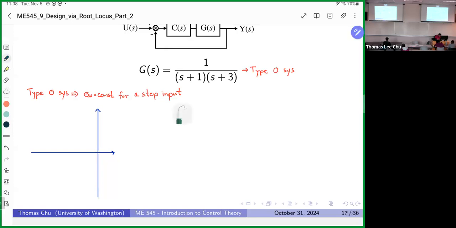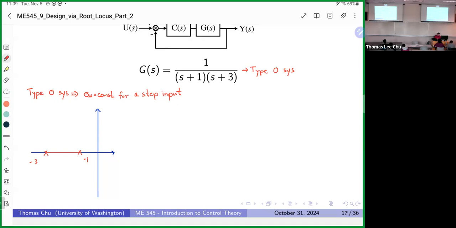Okay, so let's just draw this out. We have a pole at -1 and a pole at -3. Because we only have two poles, our asymptote angles are going to be 90 and -90 degrees. Our asymptote location is the sum of the poles minus the sum of the zeros, divided by the number of poles minus the number of zeros.